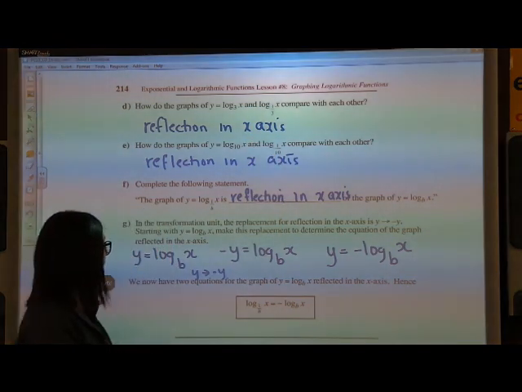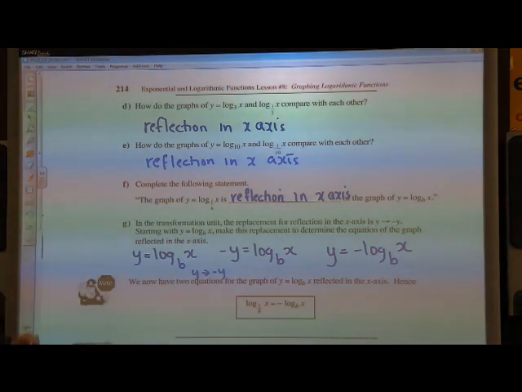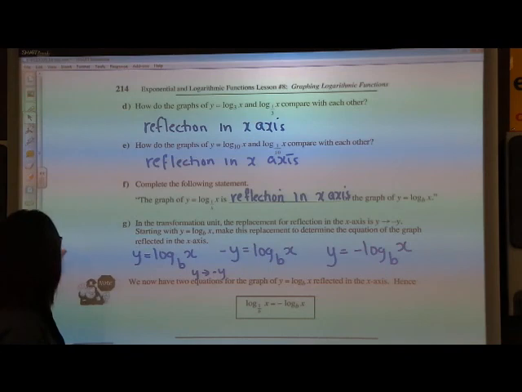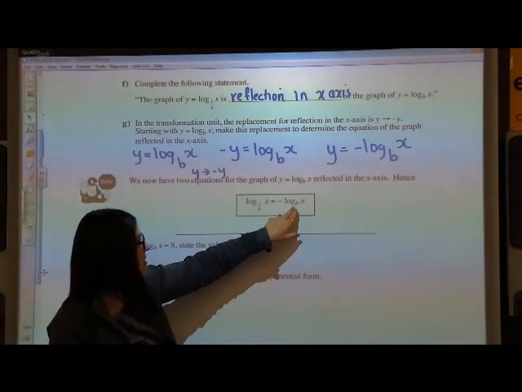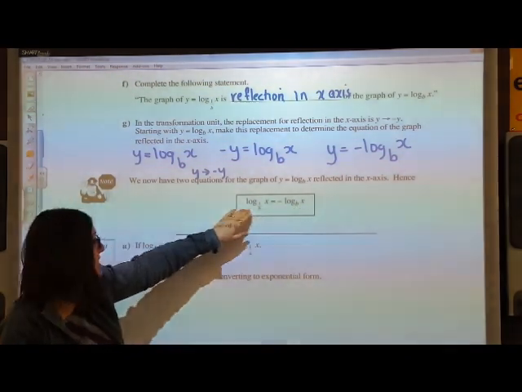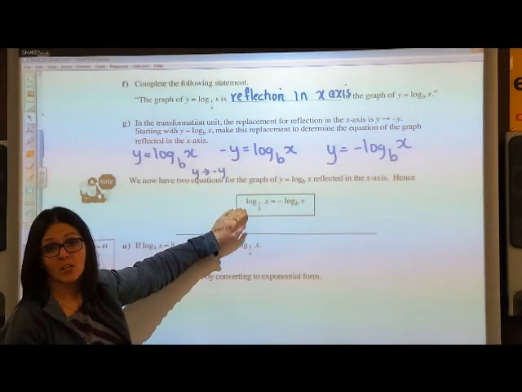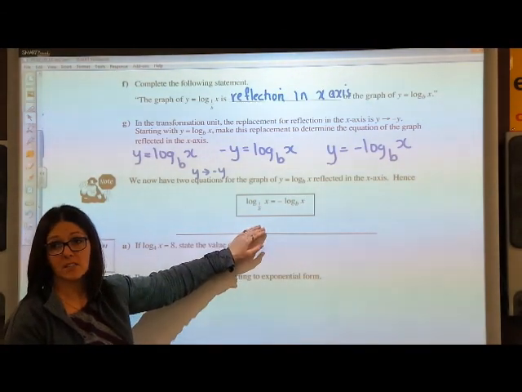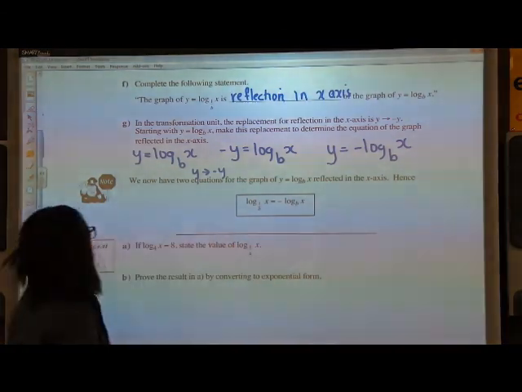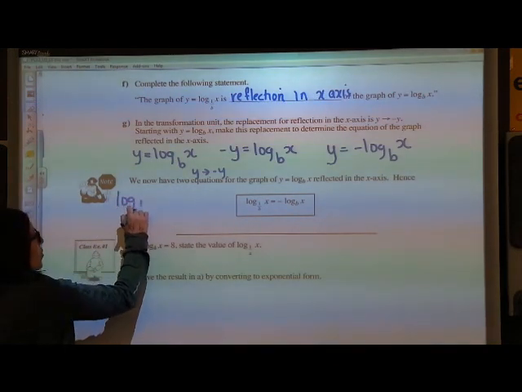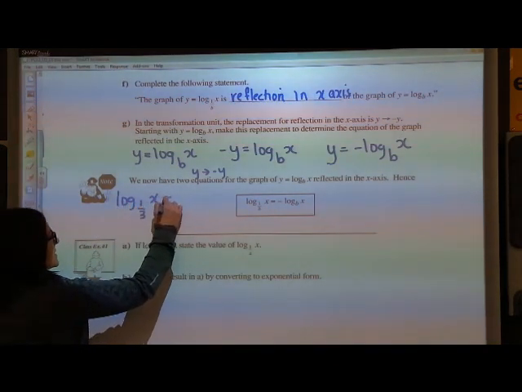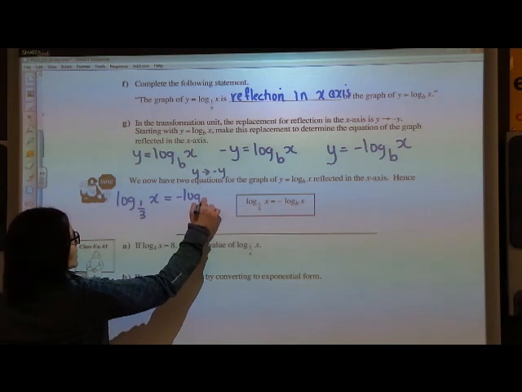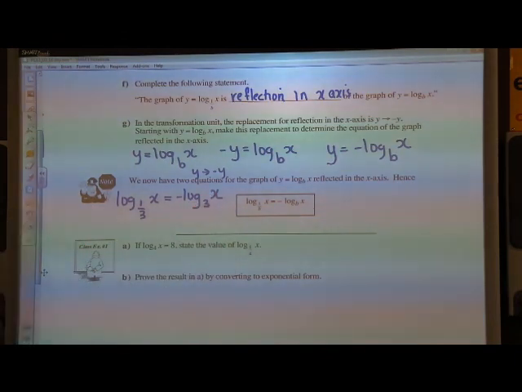So negative log b of x is the same as log 1/b of x, which means log base 1/3 of x is the same as negative log 3 of x.